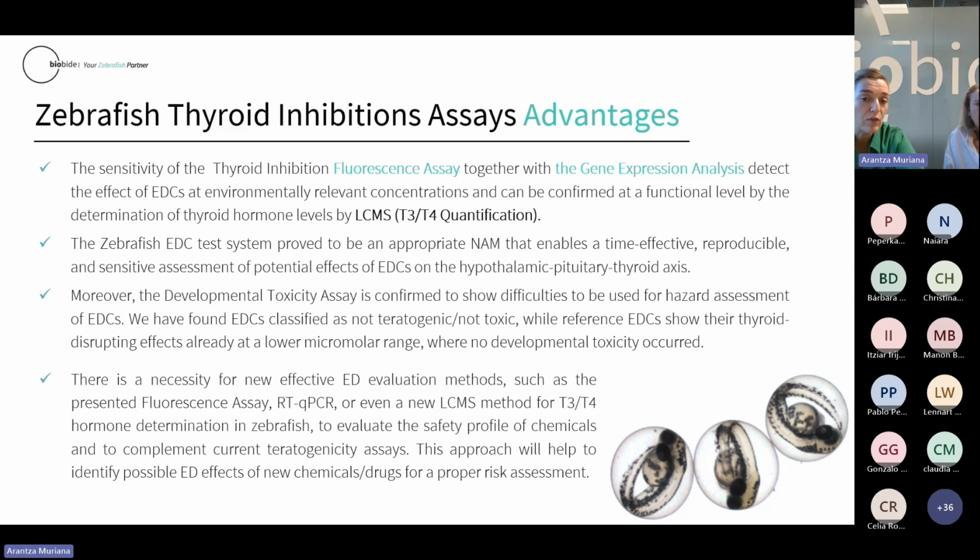So those approaches will help to identify possible endocrine disruption effects of new chemicals and drugs for a proper risk assessment. And we are very glad to see that OECD guidelines are being reviewed all the time, and they are trying to be updated and include new alternative methodologies, as they have done with a new call for evaluating phenotypic screening in fish for thyroid inhibition assays.